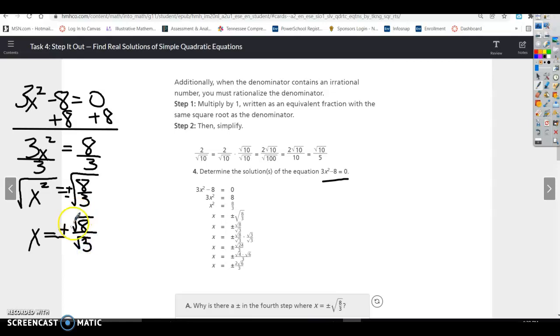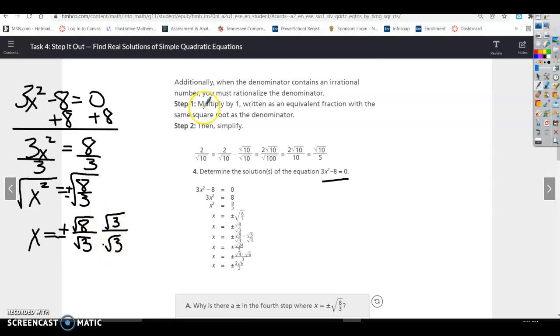Now, in order to rationalize this, 3 is not a perfect square, so the square root of 3 cannot be simplified as is. But I can multiply by the same thing and make it a perfect square. But I have to do the same thing on top and bottom, because anything divided by itself is 1.